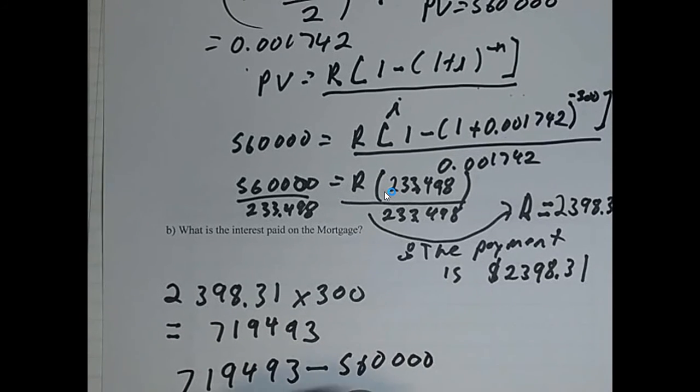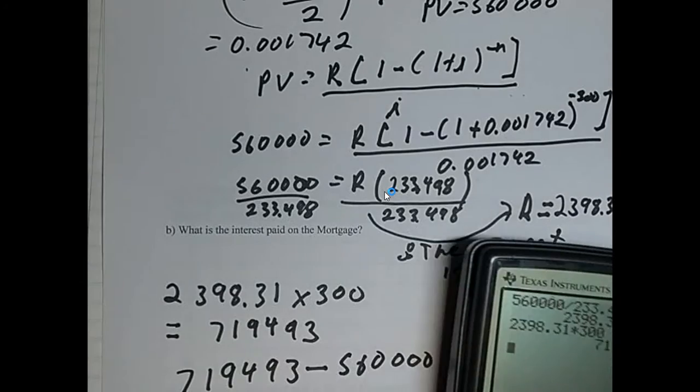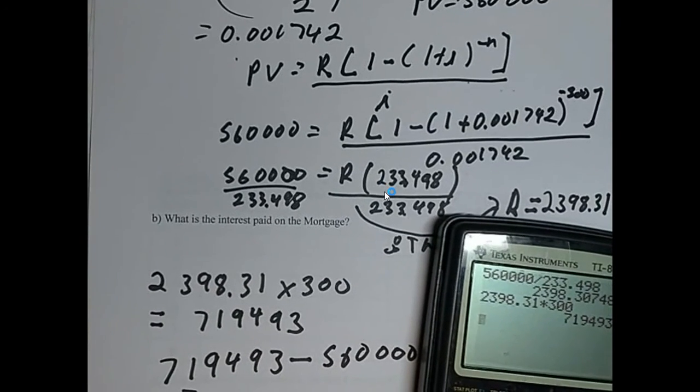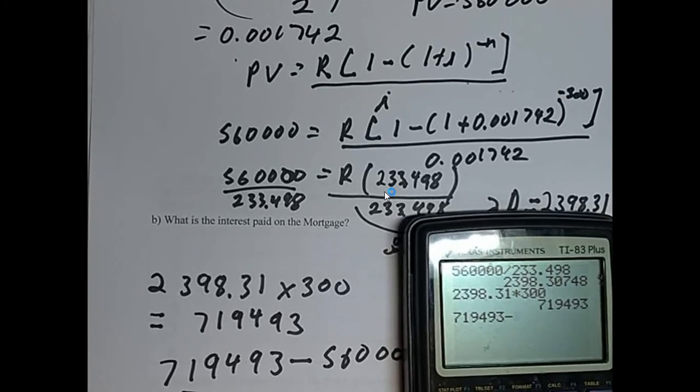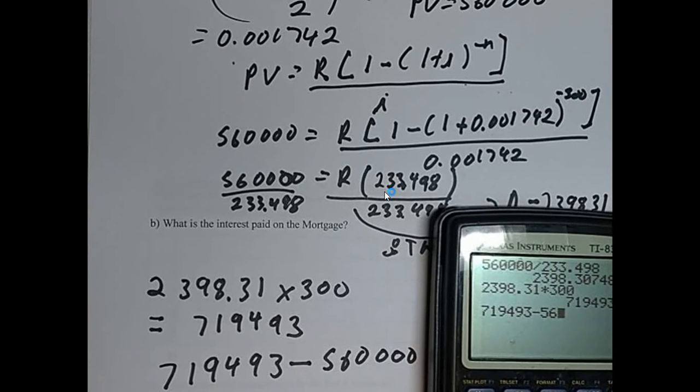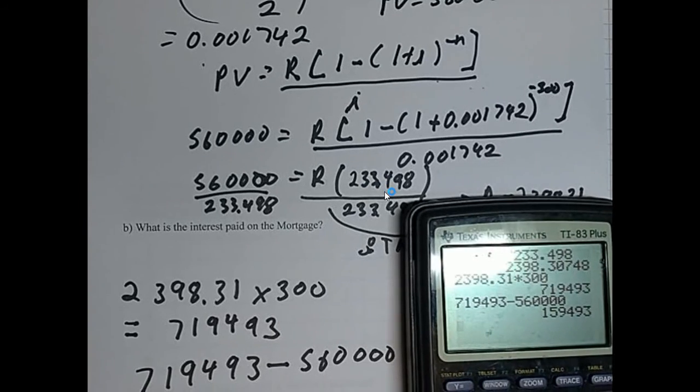When we subtract the two, 719,493 minus whatever our loan was, we paid $159,493 in interest.